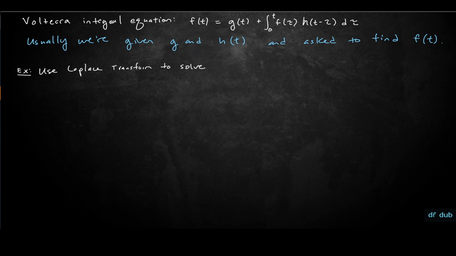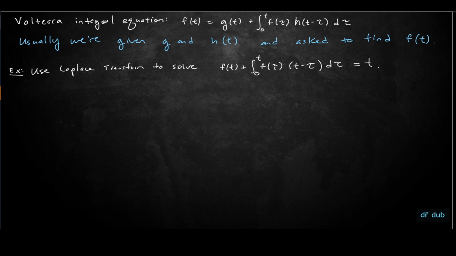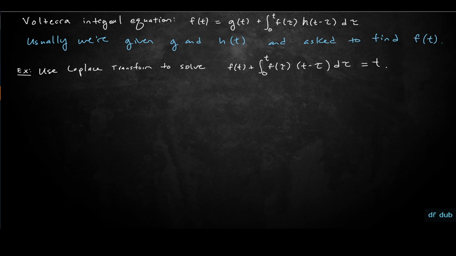And the integral equation is f of t plus integral 0 to t f of tau times t minus tau d tau equals t. So this is our integral equation, and we're trying to solve for f of t.